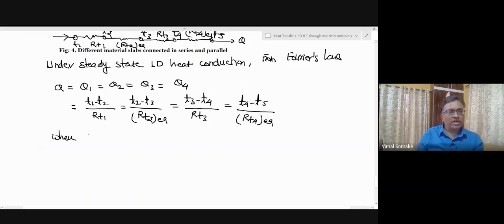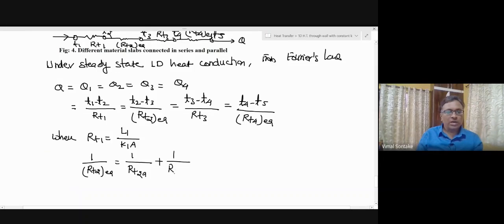Where, how can I calculate RT1? It is L1 over K1 A1. RT2 equivalent is the equivalence of two individual thermal resistances connected in parallel. So I can write for RT2 equivalent, 1 over RT2A plus 1 over RT2B.